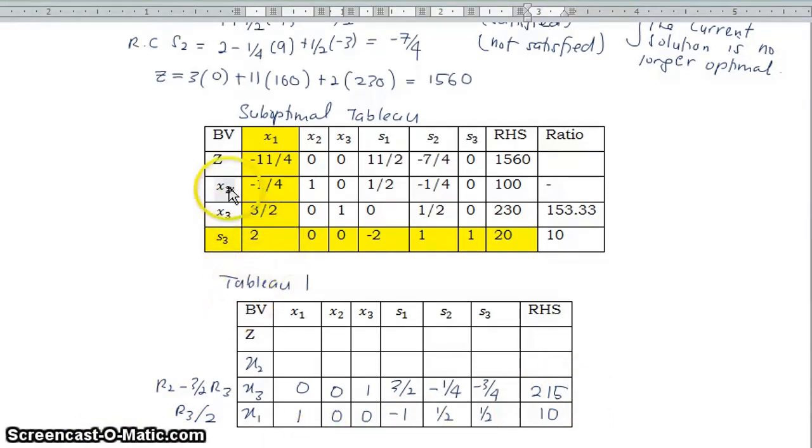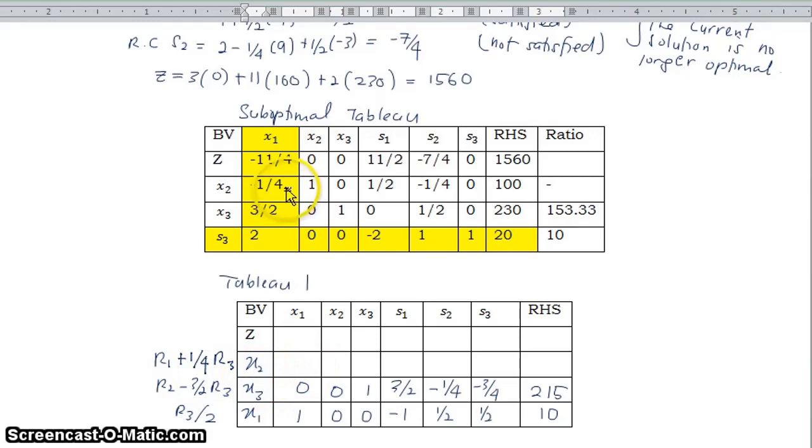Now for row 1, to change the coefficient of x1 in row 1 to 0, the ERO is row 1 plus 1/4 times row 3.